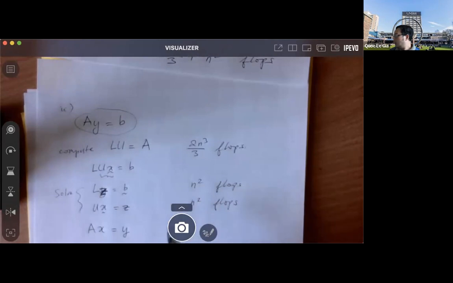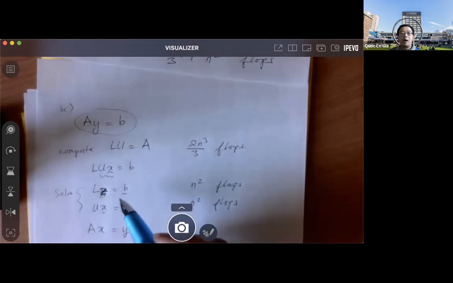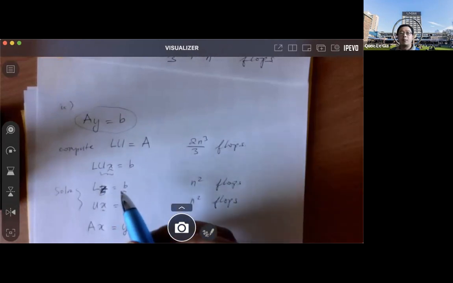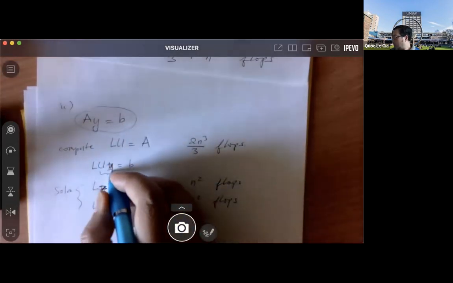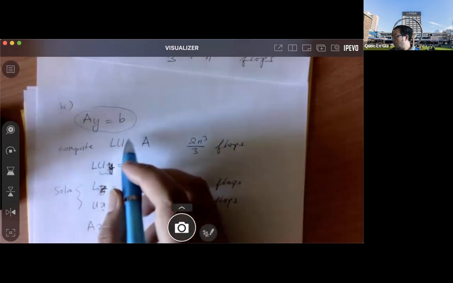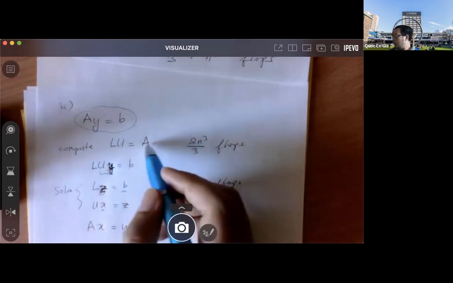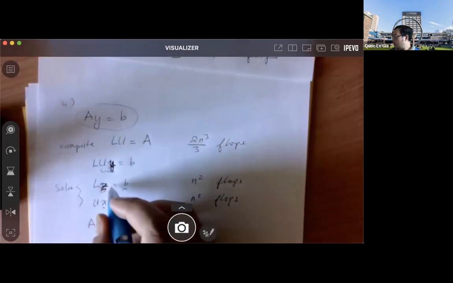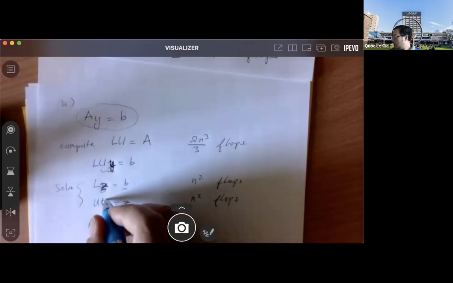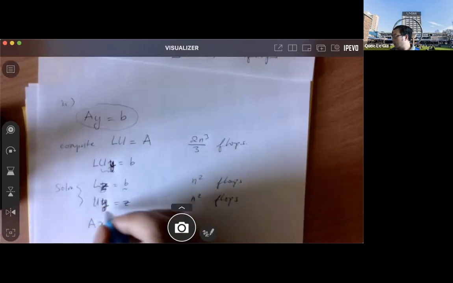Well, actually, I think I made a typo. So this one we solve Ay equals b, so this one should be y. Because you replace LU equals A, this should be Lz equals b and Uy equals z. Sorry about the typo.